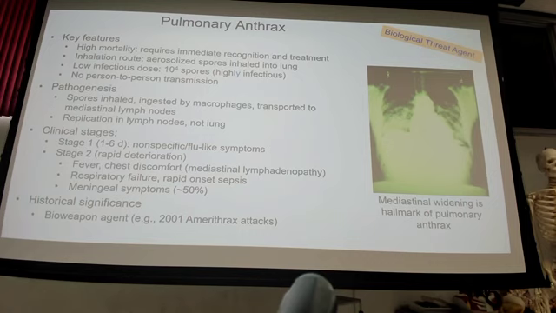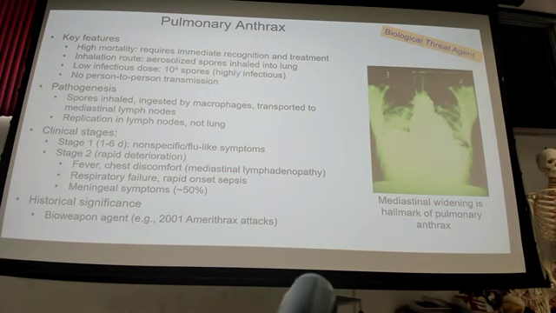If these bacteria, so that's really severe, this respiratory failure, rapid onset sepsis, but if these bacteria get outside of the lungs and get into the bloodstream, patients can get septic and they can die of sepsis. Or those bacteria can go on to infect other parts of the body, like the meninges, and you get meningeal symptoms as well. So that's fairly common.